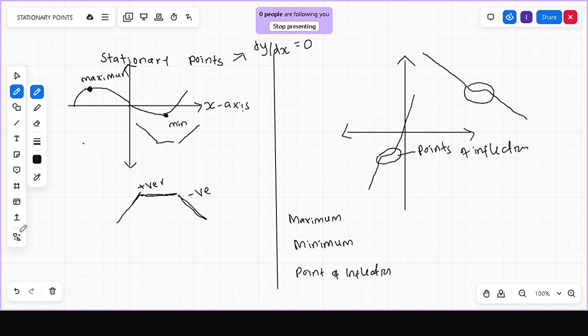Now, for the maximum point, the curve goes from a positive gradient, zero gradient, to negative. This is the diagrammatic representation of the maximum point.